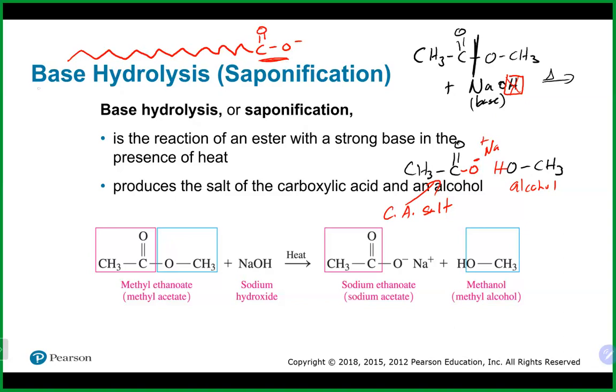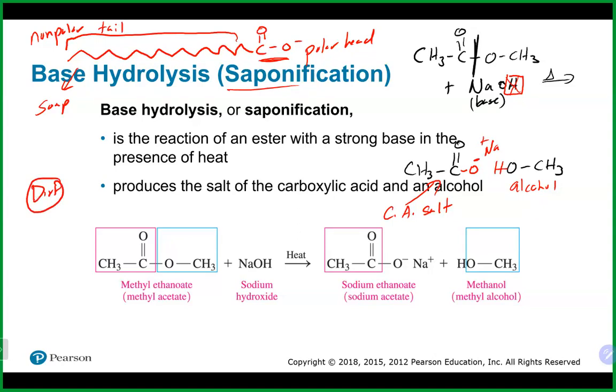What makes soap work, hence the saponification part, is it has two parts. It has a polar head, which is where that charge is. And then all these carbons and hydrogens are the non-polar part, sometimes referred to as the non-polar tail of soap. And that's how soap works really well, because dirt is non-polar.